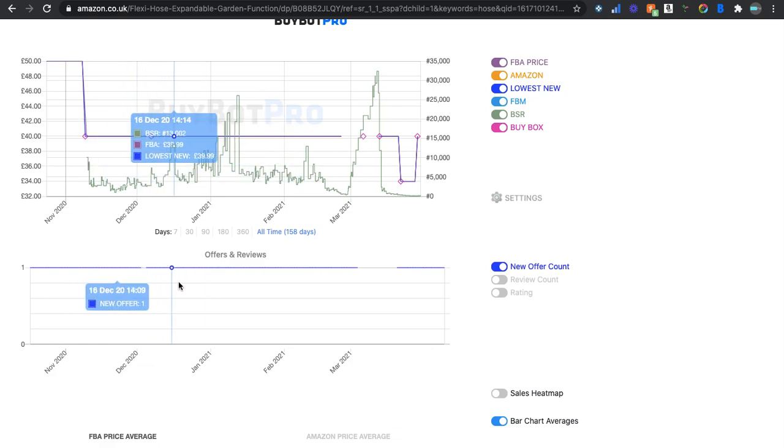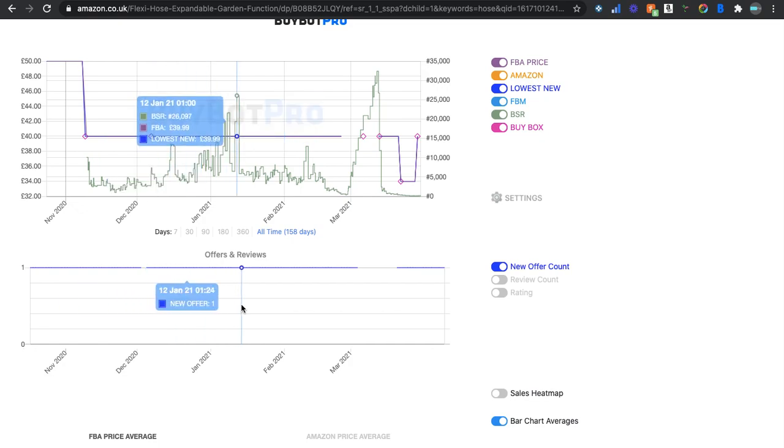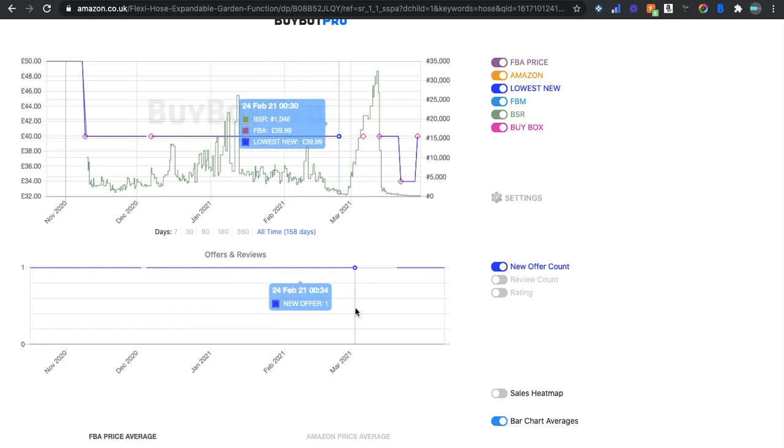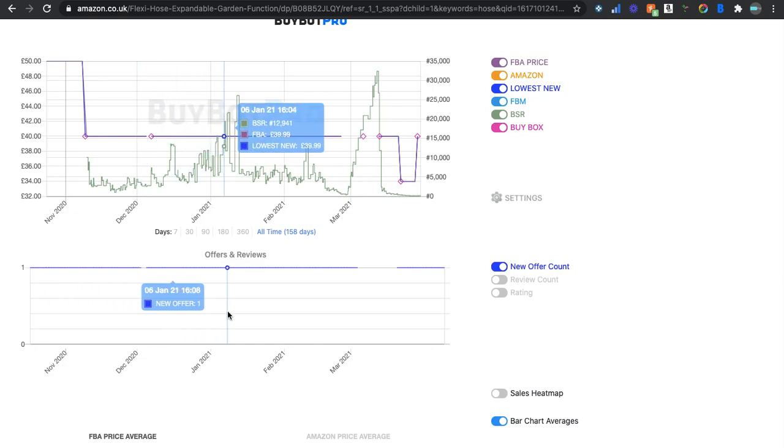That would be a possible risk of IP violations that have been handed out to other sellers in that time, so you would need to avoid that. You need to assess the new offer count regularly. On any product that you're buying, you need to assess, has there been consistent sellers or have they dropped off in lumps at times? Because that means that it could be at risk of an IP violation.